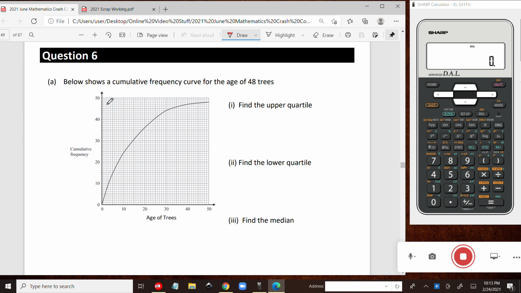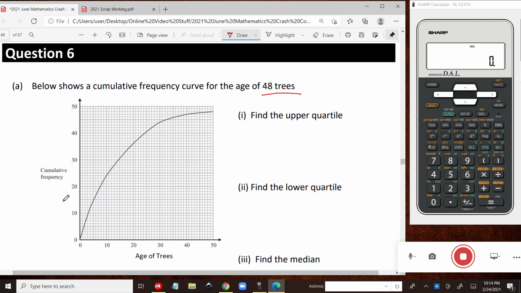So you have a cumulative frequency curve here. It shows the age of 48 trees. Let me just zoom in here a little bit. The y-axis is showing you the cumulative frequency, and the x-axis is showing you the age of the trees.